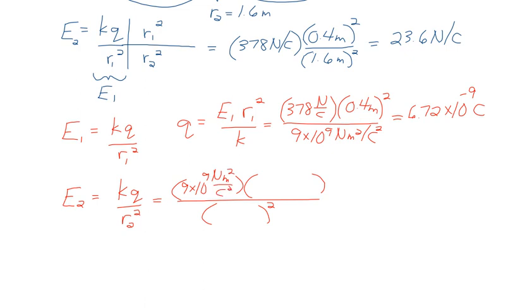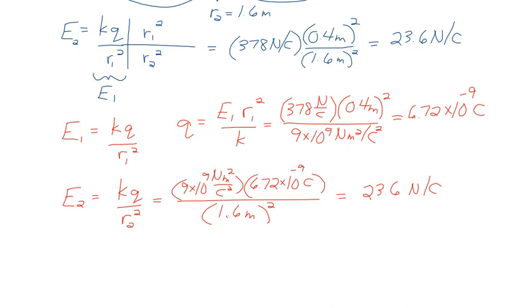For Q, we just solved for Q: 6.72 times 10 to the negative 9 coulombs. And the only thing that's changing is instead of us being 0.4 meters away, the new electric field is going to be when we're 1.6 meters away. So if you solve that, I hope you get 23.6 newtons per coulomb, because I should get the same answer I got by doing it the other way.